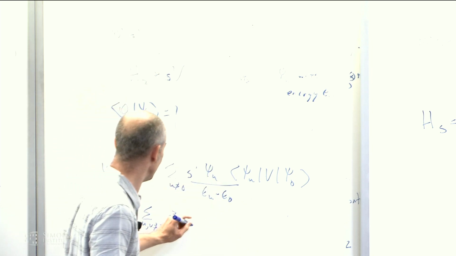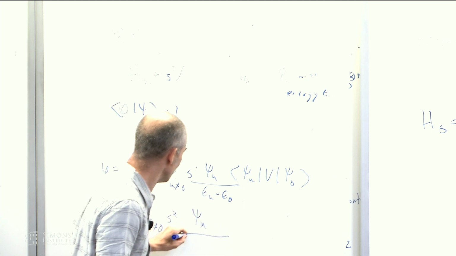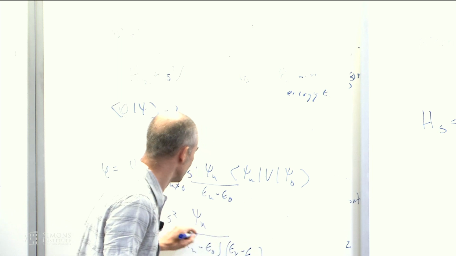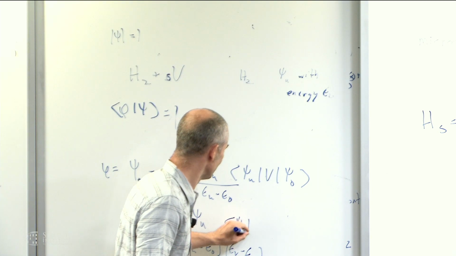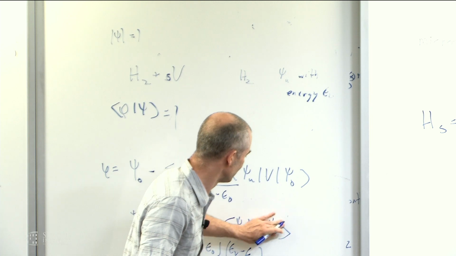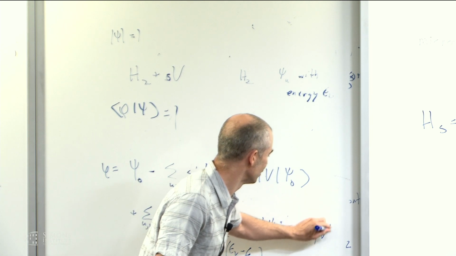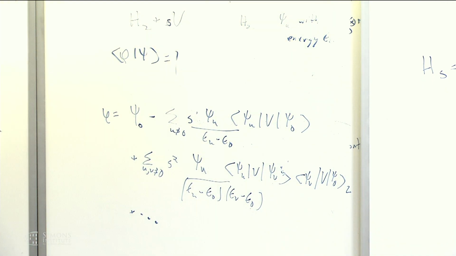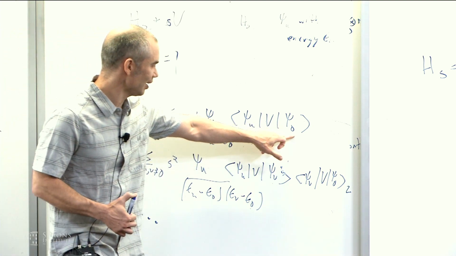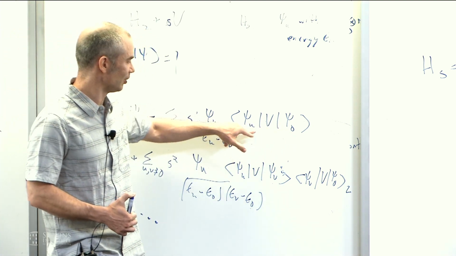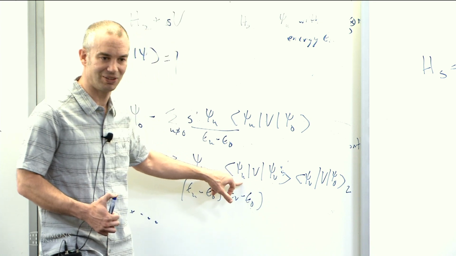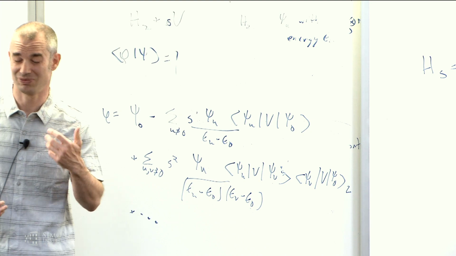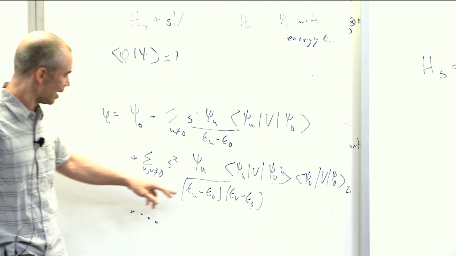So it'll be a sum of s squared psi u over (E_u minus E_0)(E_v minus E_0), and then psi u, v, psi v, psi v, v, psi 0, and so on. This one stays simple at all orders. So every order in the perturbation series has the ground state, and then a matrix element to one excited state, or one excited state to the next excited state. At third order, it will be psi 0 to psi v, psi v to psi w, psi w to psi u, and so on. A sequence of energy denominators.